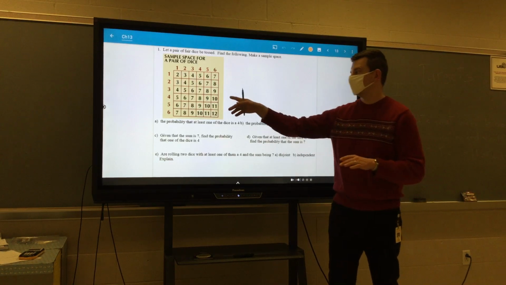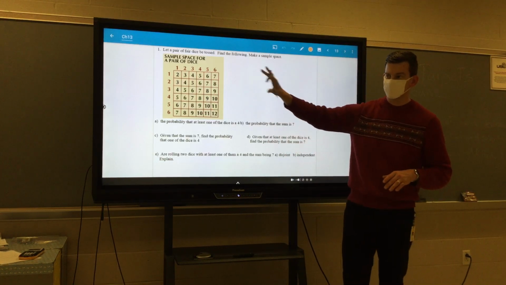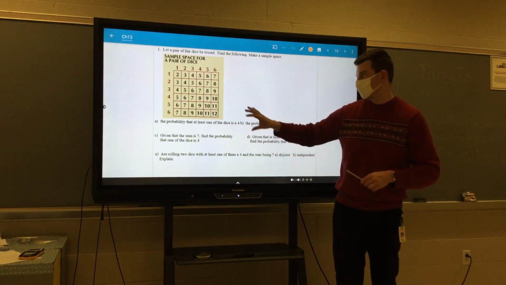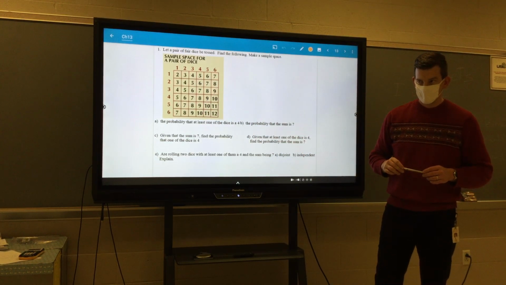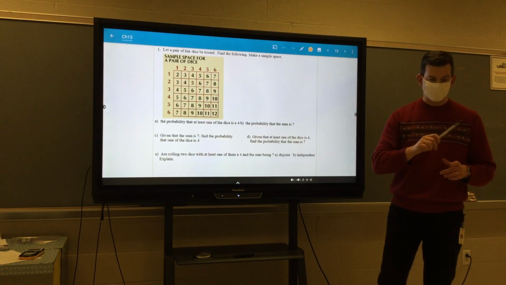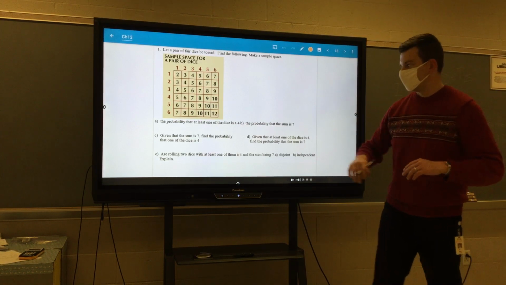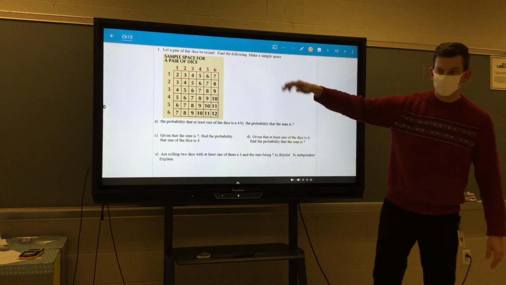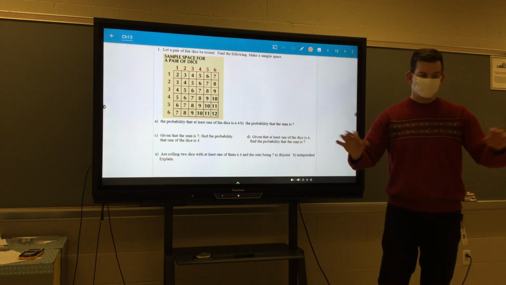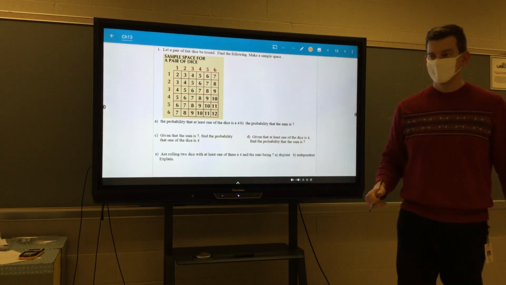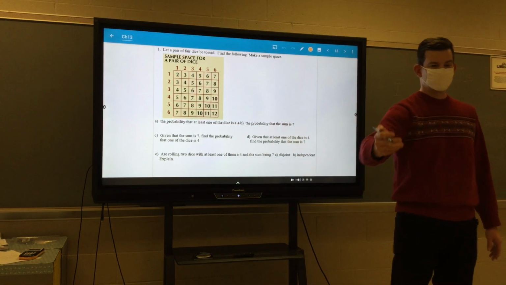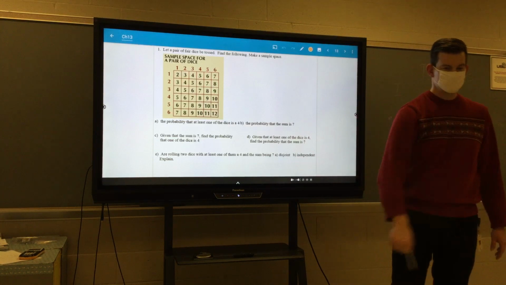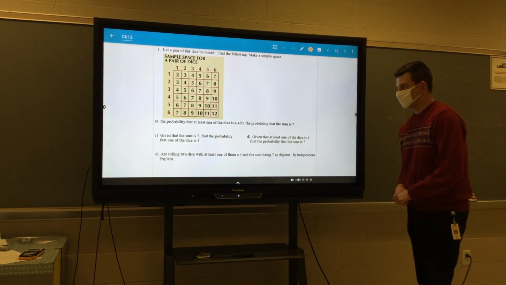Whenever you have a problem like this, I try to paste it in there for you to use because it's easy to highlight this and make sense of it. Just like I mentioned last week, make sure you either have the PDF of this up and you're annotating it, or you have some paper off to the side. I want you to be working these things out. You guys in class today, if you want to borrow or grab a piece of paper right there, you're welcome to do that.